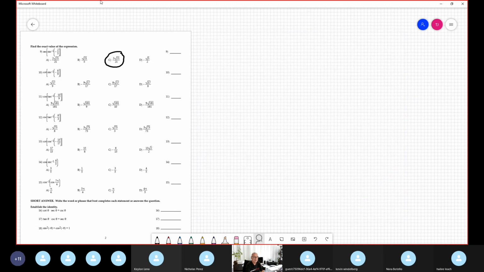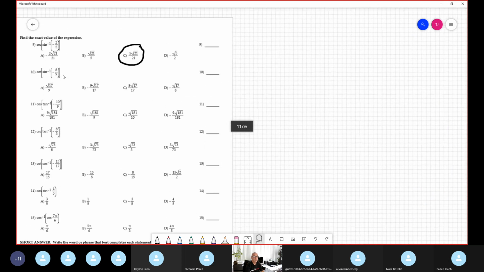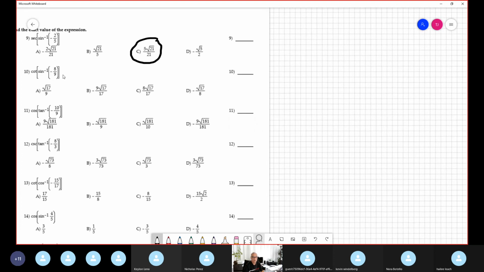Number 10 says cotangent. Wow. Cotangent of sine inverse of -8/9. Wow. And then I do it step by step.